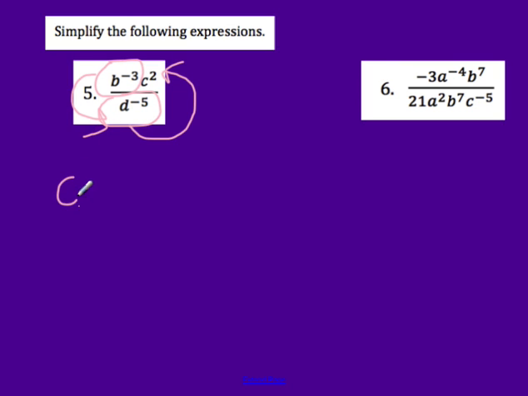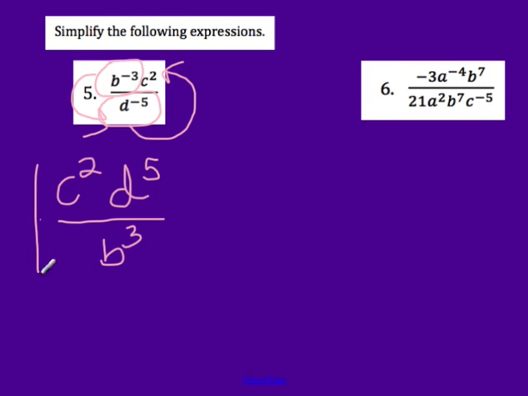The c squared is staying put. It doesn't have a negative exponent. It's staying on top. Well, now that d to the negative 5th is joining it on top, and it's going to become positive. Then that b to the negative 3 is going to flip down to the bottom. Once all of them are positive, we only have each base written once. All our fractions are simplified, no powers of powers. So that right there is our final answer.